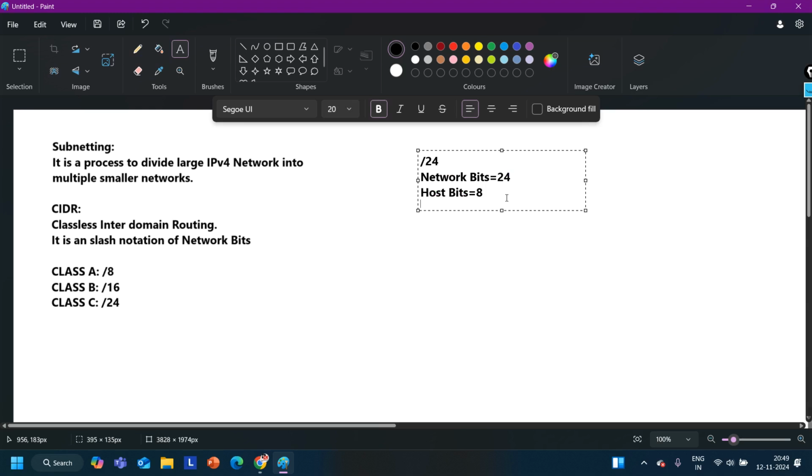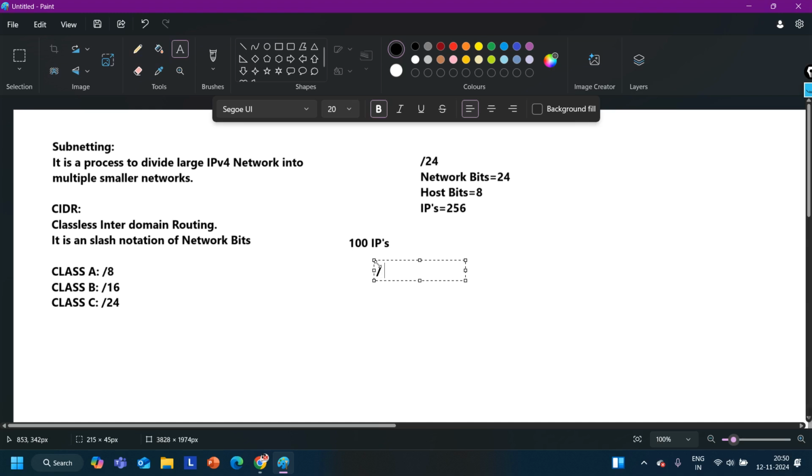Total number of IP addresses here is 2 power 8, that is 256 IPs. Now I need 100 IP addresses. What slash value should I use? See, this is CIDR, classless. According to our requirement, you can use any slash value.